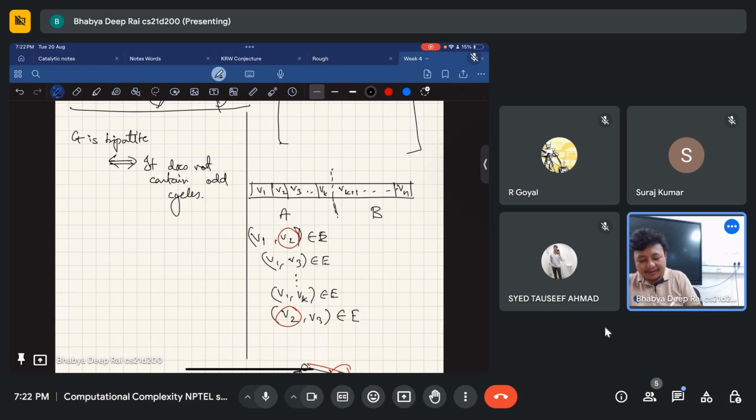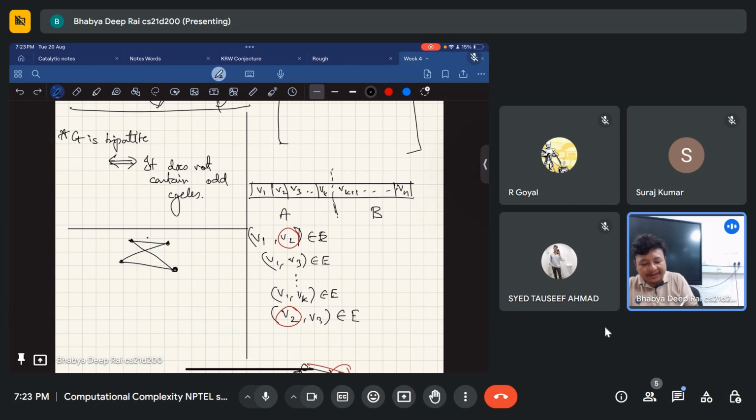I would like you to prove this as an exercise. I will not explain why, but you can see that the proof is something like this: if I need an odd cycle, 1, 2, 3, I can always go from here to here, and then it will form an even cycle. This is still bipartite.